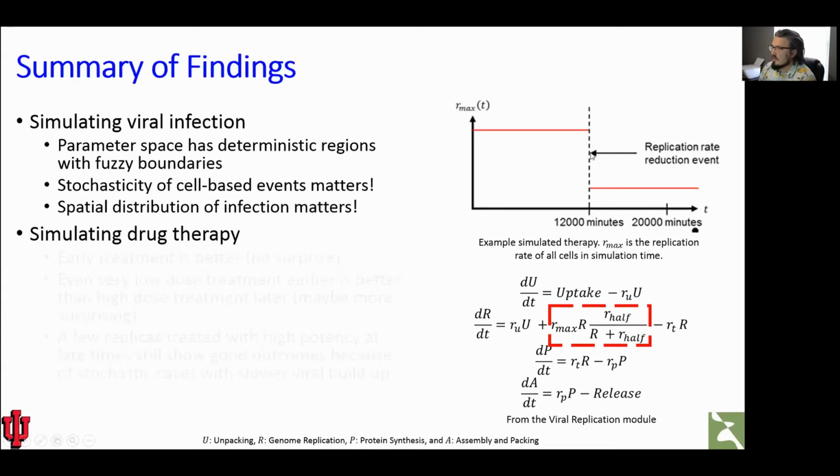At some time in simulation, we would say that a drug has suddenly been applied, and the molecular effect is to reduce this coefficient Rmax. So here is the baseline parameter value. And for this particular example, at 12,000 minutes into simulation, there's this drop in Rmax, and that is due to the drug therapy of this particular simulation.